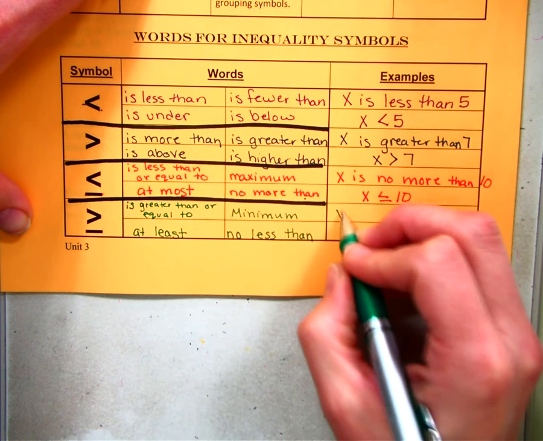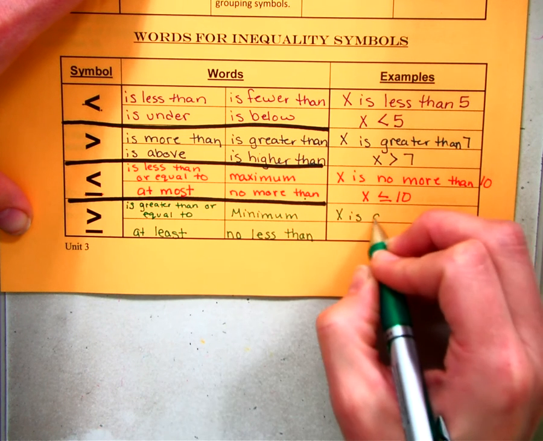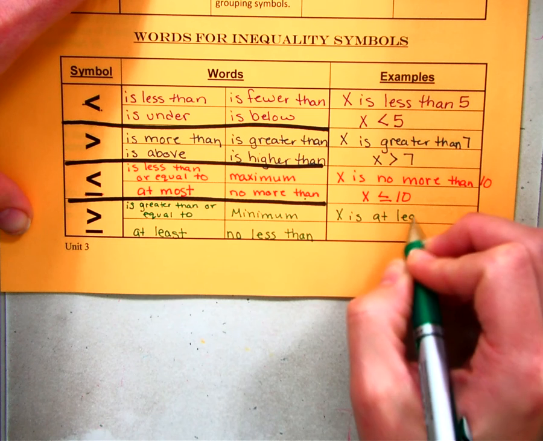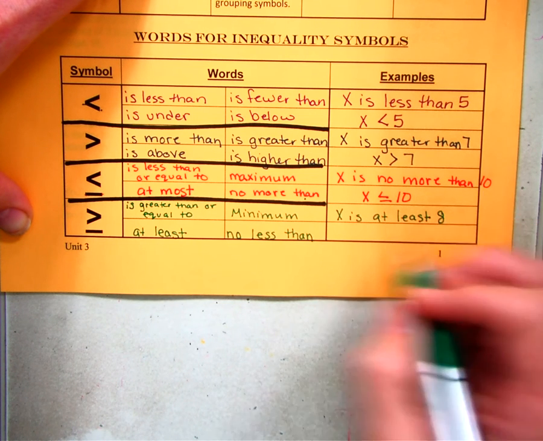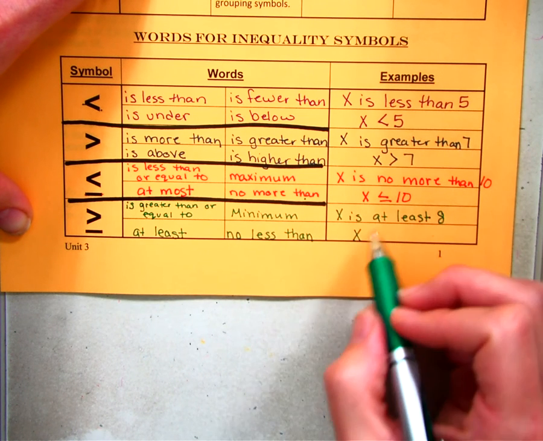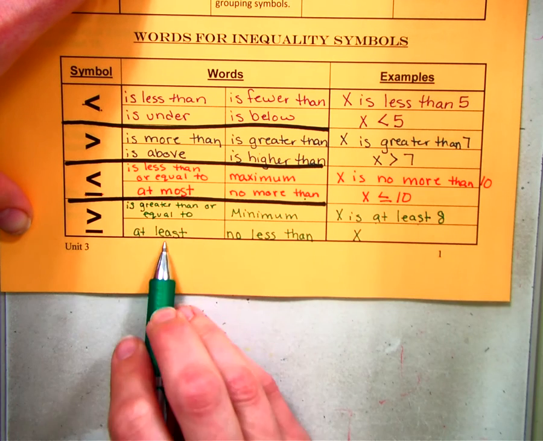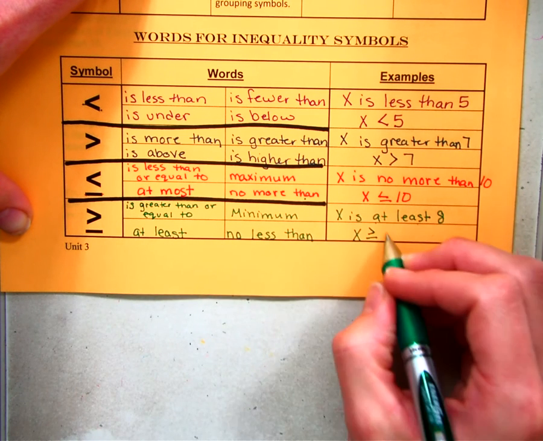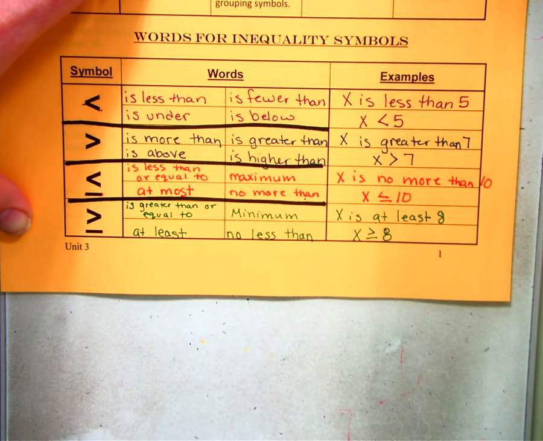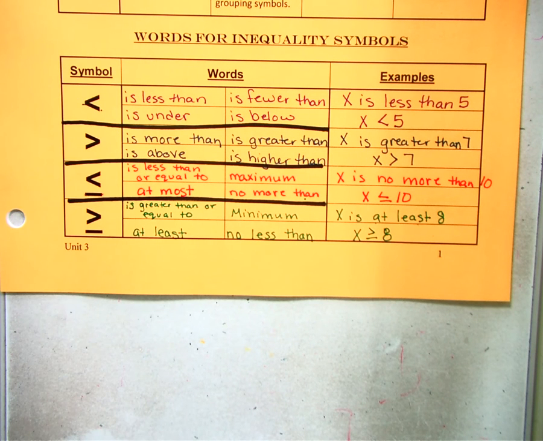So this might be something like x is at least 8. So x, identify the symbol for at least, be this one, and then 8. Okay, so those are our words.